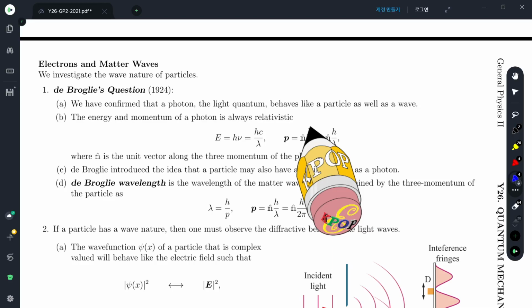However, even in that case, a photon is moving with the speed of light, and that is the key. So we want to construct a quantum theory based on wave mechanics.